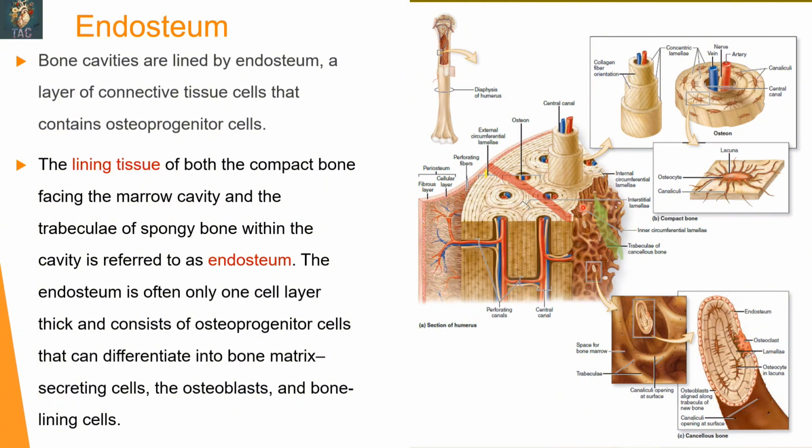So this endosteum is the lining of these areas and it contains the osteoprogenitor cells. Endosteum is often only one cell layer thick and consists of osteoprogenitor cells that can differentiate into bone matrix secreting cells, osteoblasts, and bone lining cells. So these are the different types of cells which can differentiate from the osteoprogenitor cells.